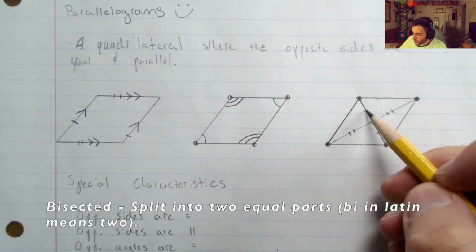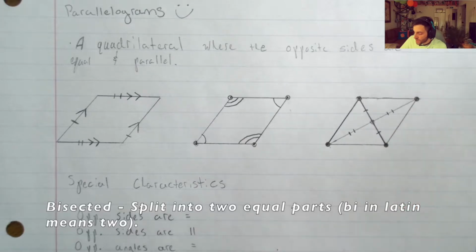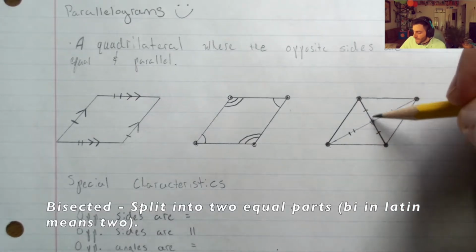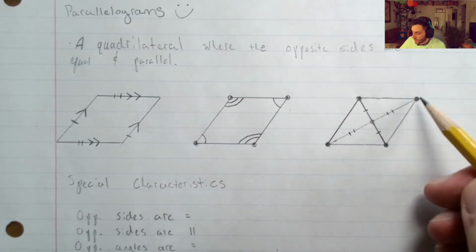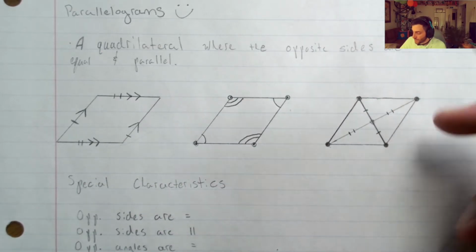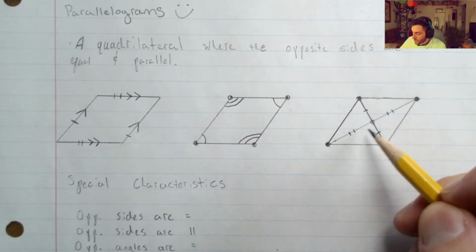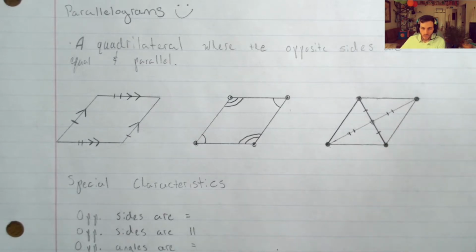So this portion here ends up being equal to this portion, this bisected diagonal, and this diagonal going from the bottom left to the top right also has two bisected pairs as well. So knowing all these different rules allows us to generate different types of mathematical statements that allow us to solve for variables and unknowns and things like that.